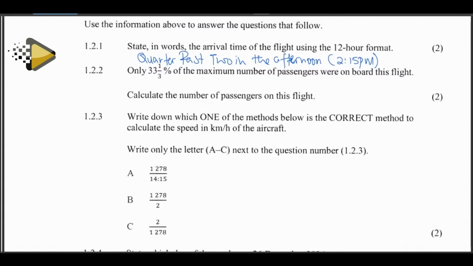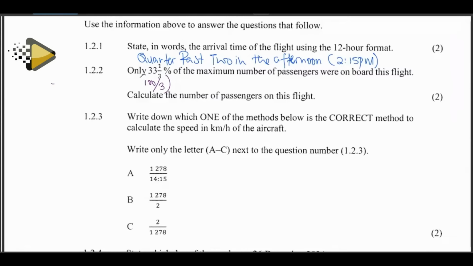12-hour system. Only 33.33% of the maximum number of passengers were on board this flight. So calculate the number of passengers. Now, what you do first, change this into percentage format. It will be 99 plus 1/3, which is 100/3. It will become 100/3.